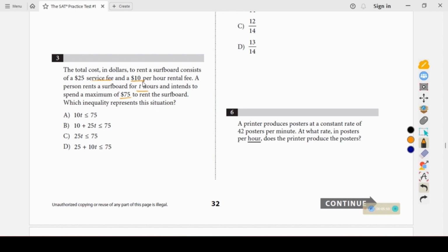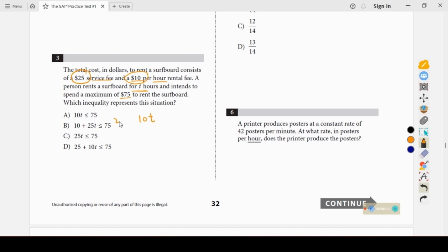Okay, so $10 is the rental fee per hour, so the rental fee for t hours will be 10 times t. And there is a fixed amount, that is the service fee, $25.